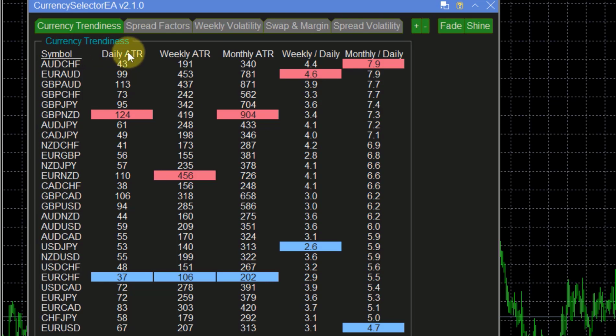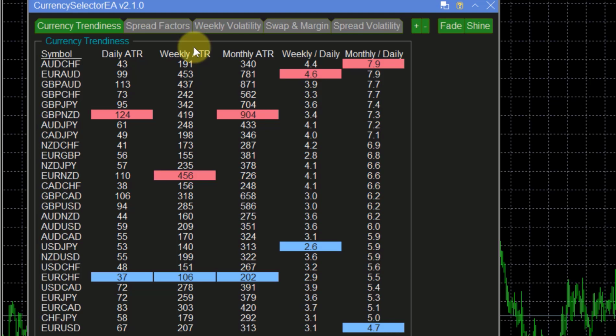Then the first column is the daily ATR, and as you can remember from previous lectures, the ATR is the movement in pips that a particular currency does during a day on average, and the average normally covers a period of about 10 to 15 days, but you can change that period to what you want it to be. Then we have the weekly ATR, in other words the range that the currency trades within a week.